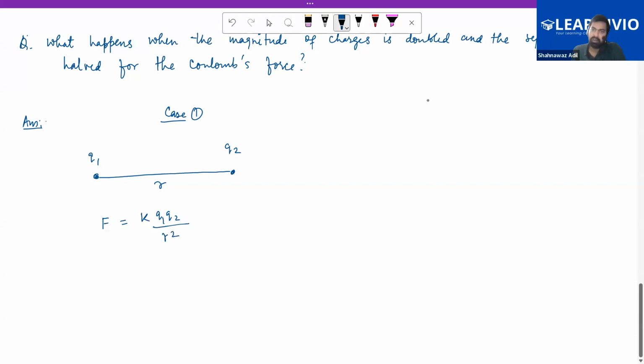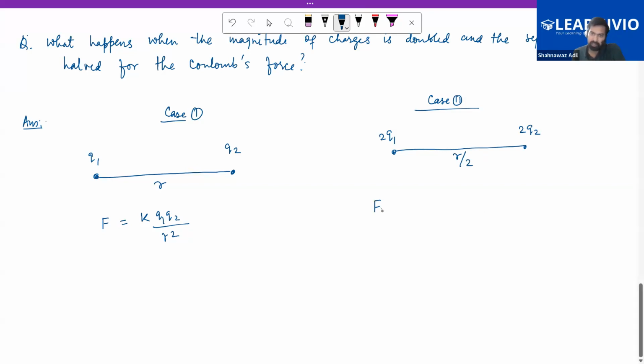Right. Now in the new case, we are increasing the magnitude of the charge. So this becomes 2Q1. This becomes 2Q2. And the separation is half. Right. So what would be the new force?